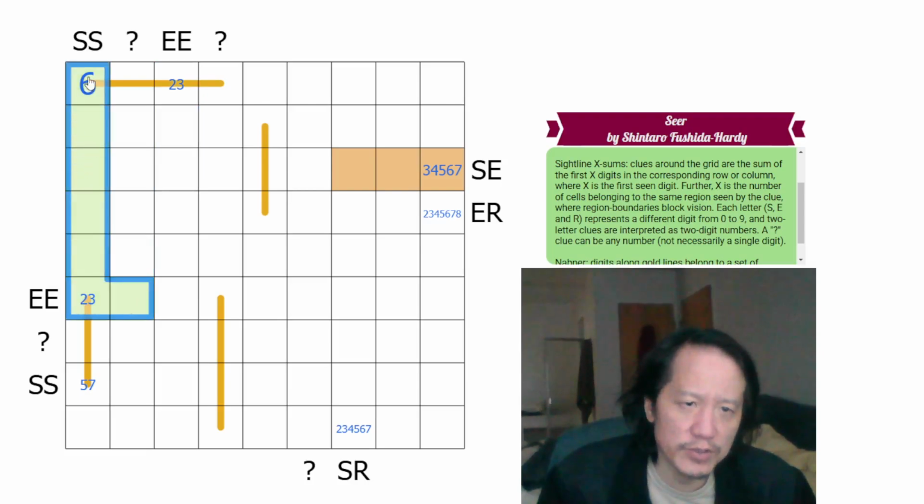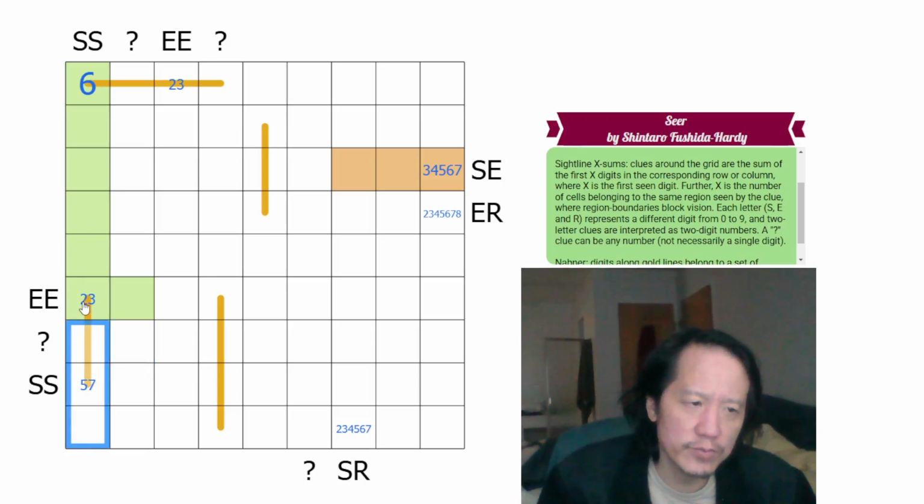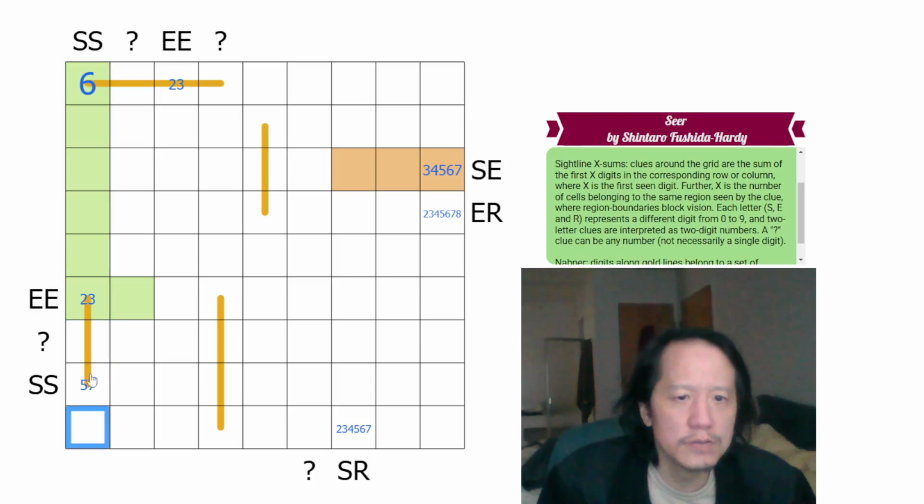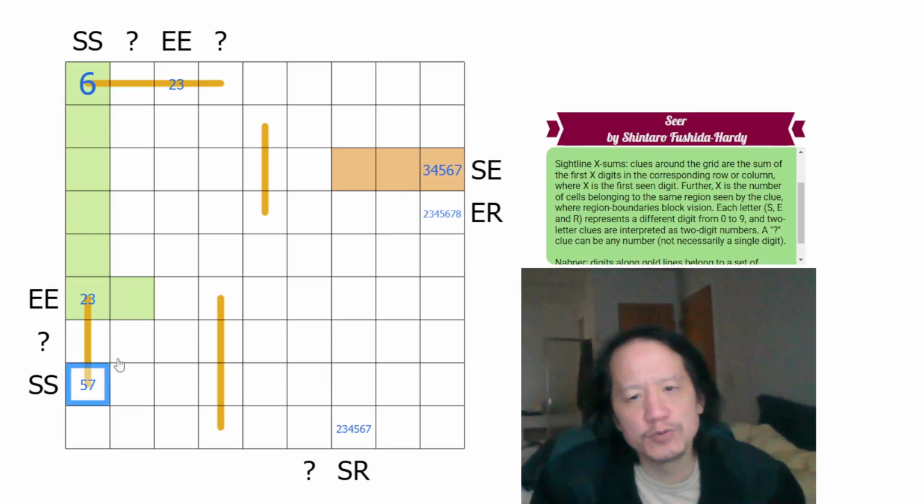This is feasible though. This adds up to 12 because this adds up to 33. If it's 7, it has to specifically be 1 and 4 here. And therefore, this would be 7.